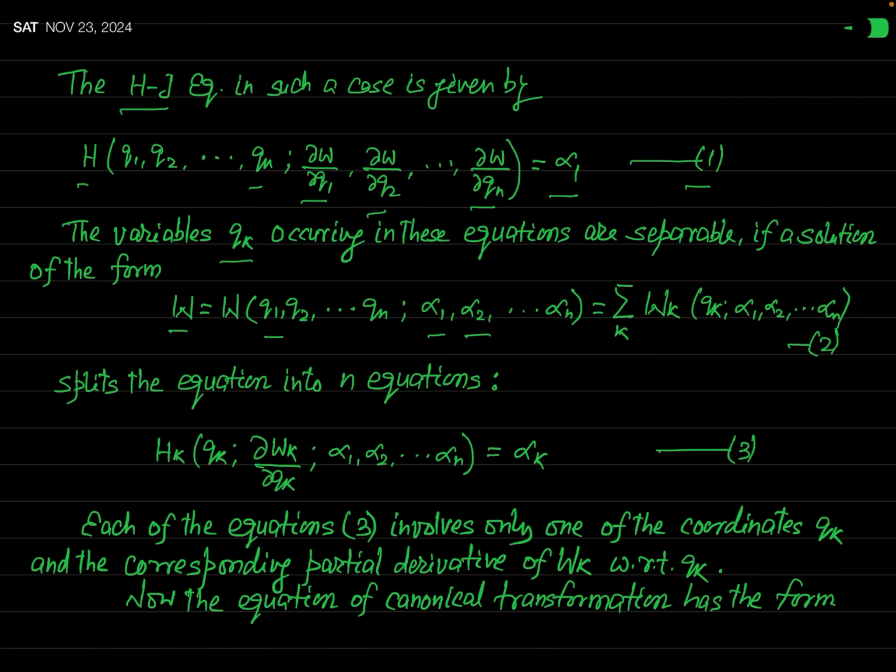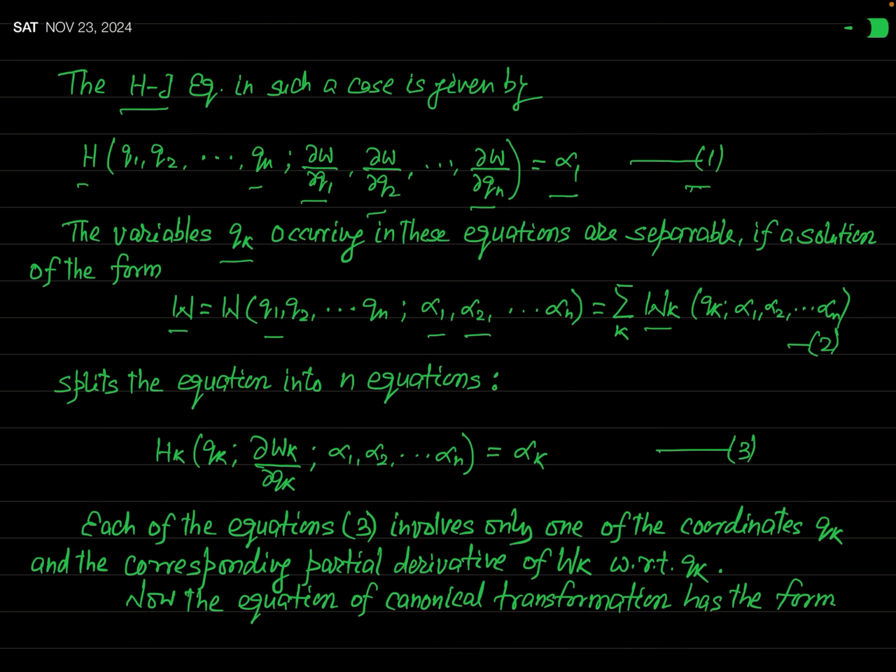Or you can also write it in this manner: summation over k of Wk of qk, alpha 1, alpha 2, so on, alpha n.